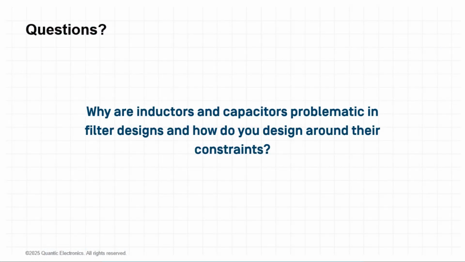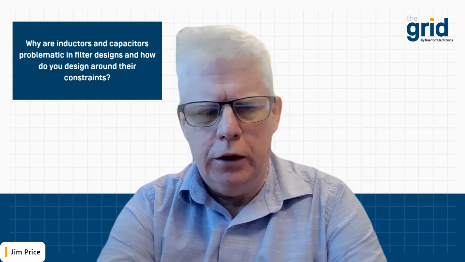Why are inductors and capacitors problematic in filter designs, and how do you design around their constraints? The problem mostly with inductors is their quality factor is fairly low. You're doing well to get quality factors of 200 and 300 out of an inductor. And there are other filtering methods that'll allow you to get quality factors into the thousands.